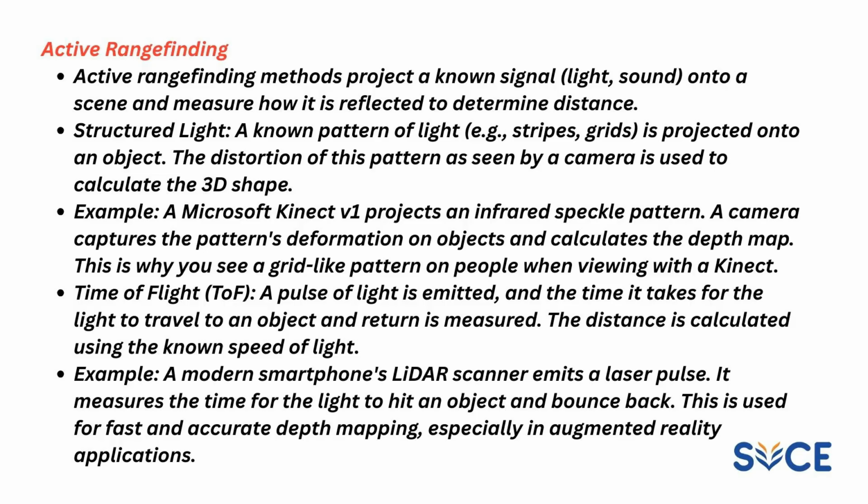For example, Microsoft Kinect V1 projected an invisible infrared dot pattern. A camera captured how the dots were distorted on an object, producing a depth map that allows the games to track body movements. This is one of the real-time examples.